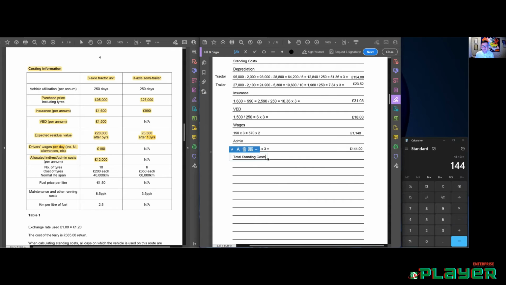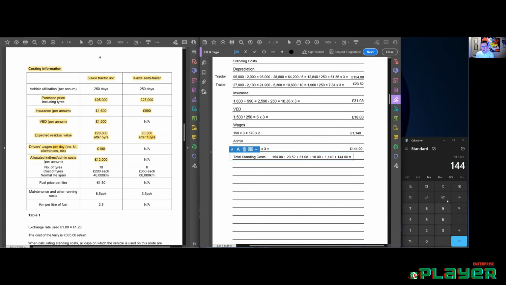So total standing costs then. And again, I'm going to have to do my calculations. So I'm going to head over here. I've got 1,548 plus 2,352 plus 3,108 plus 18 plus 1,140 plus 144 plus 144 equals.